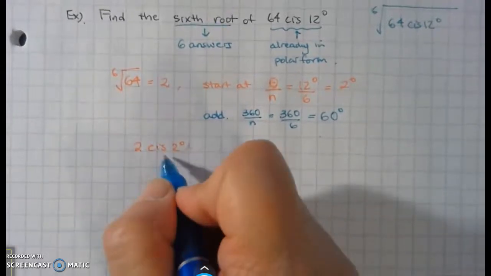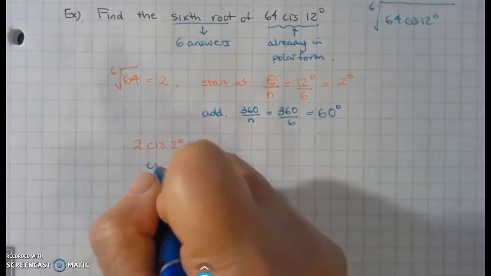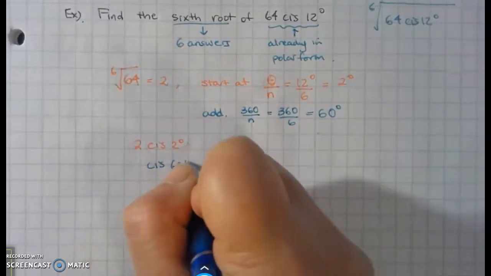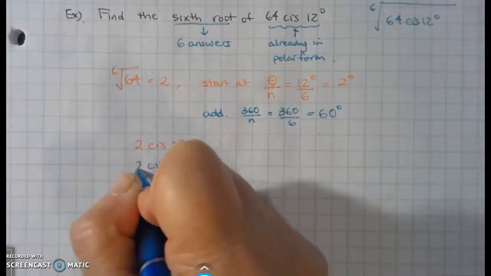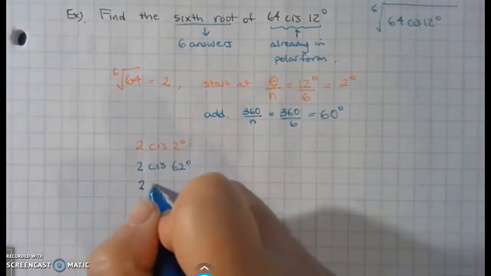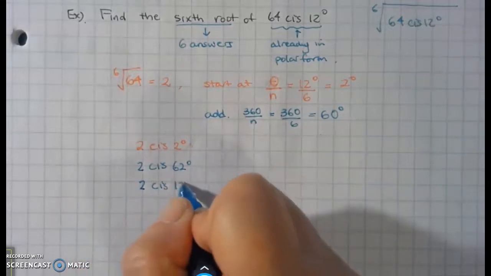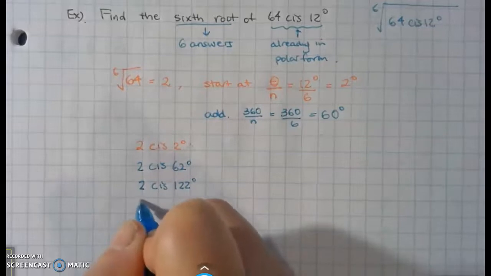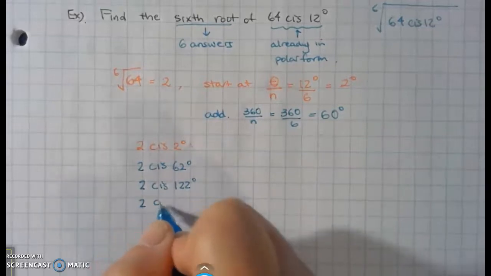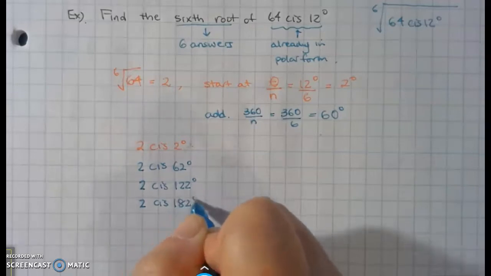So 60 degrees plus 2 degrees is 62 degrees, and the modulus is going to be the same. The third solution is 2, and another 60 degrees gets added, so that's 122 degrees. The fourth answer is 2, another 60 degrees, which is 182 degrees.